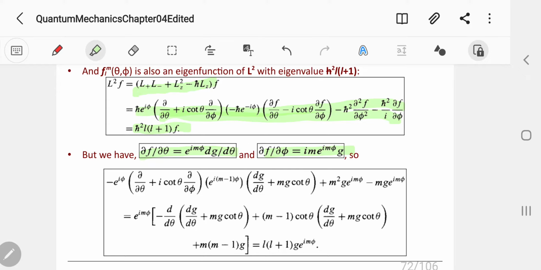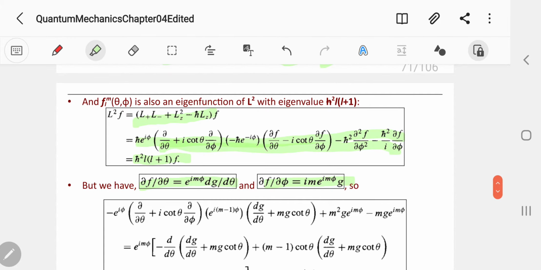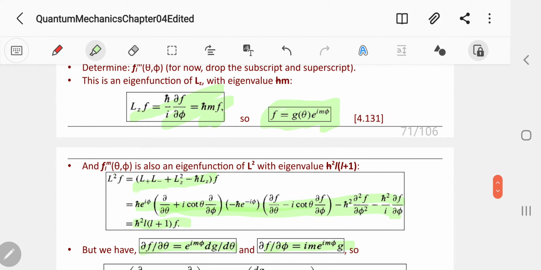And from here, this derivative is taken from this function.